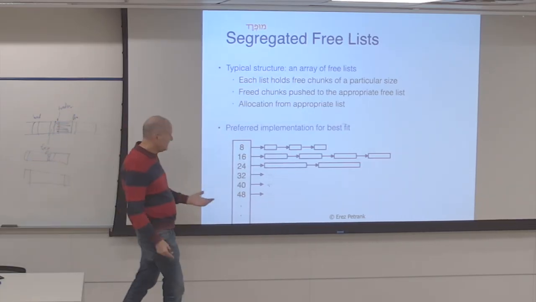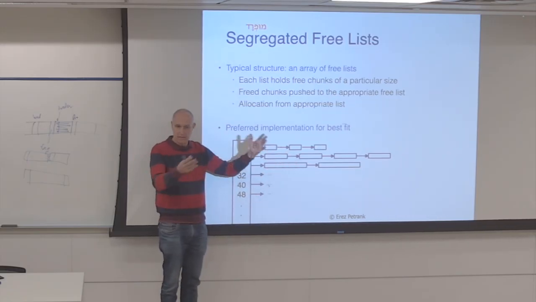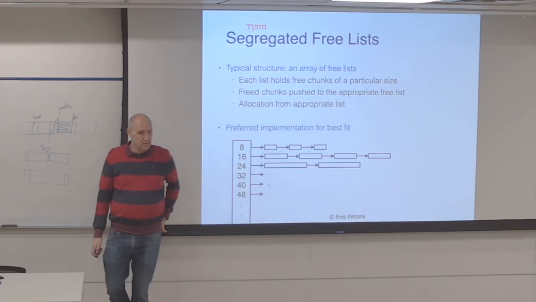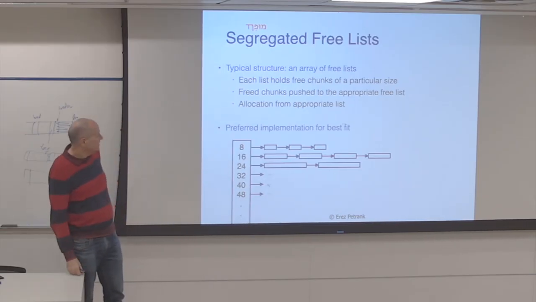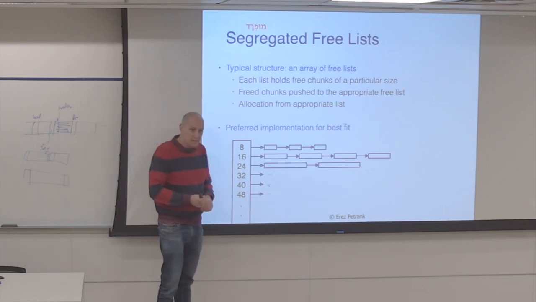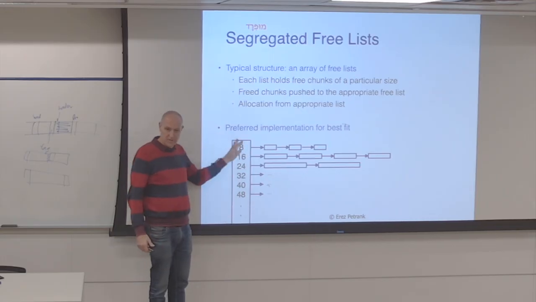If you need more space, like a list is empty, you take from the end some space and add it to the free list and use it. Okay, this is a simple implementation for best fit. But sometimes this is too large.